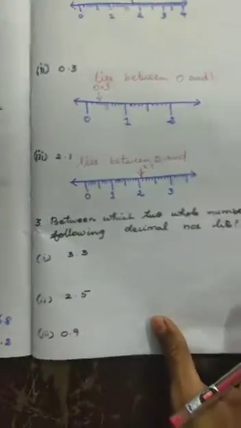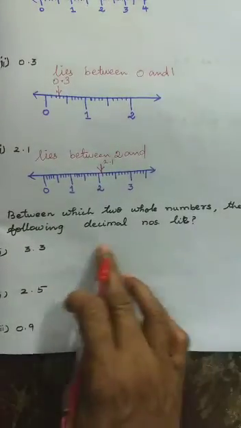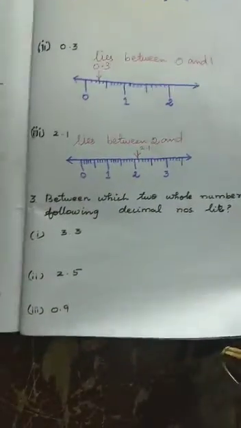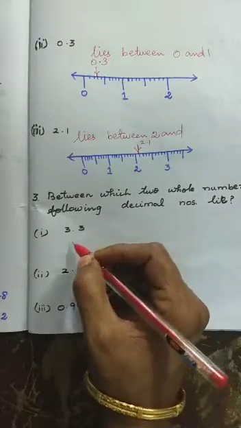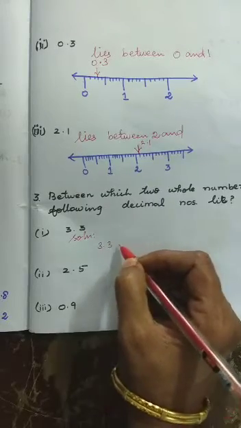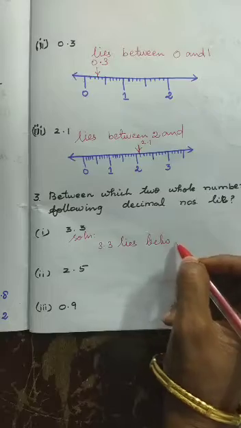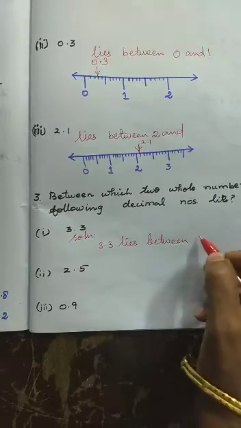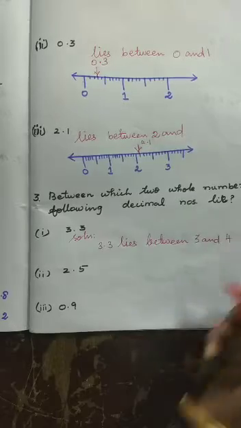Third problem. Between which two whole numbers do the following decimal numbers lie? 3.3 lies between which numbers? Yes, 3 and 4.